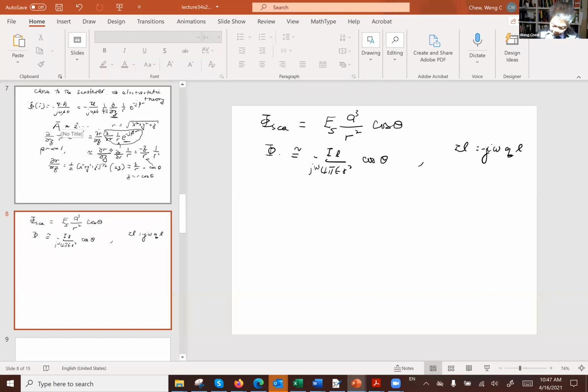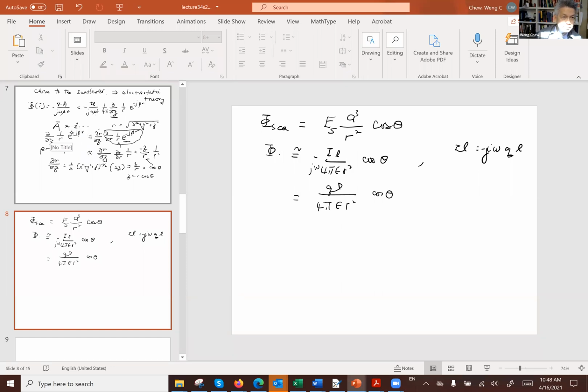And if I take care of that, then I should have an expression that looks like, let me see, the potential should be something like QL over 4 pi epsilon r cosine theta. Okay, that is a scalar potential that I will get if I were to plug it in here.